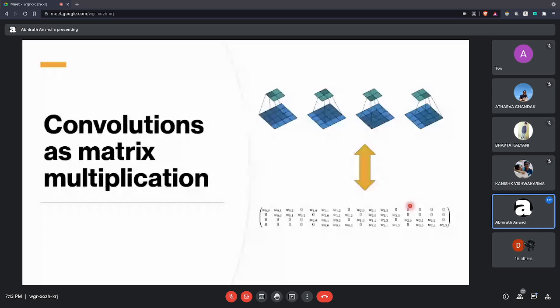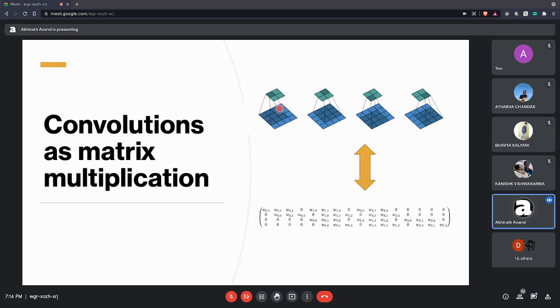So first, before we go into transpose convolutions, we look at convolutions as a matrix multiplication. This is important to understand where the word transpose comes from. This is basically an image that I found online. This is a very nice picture. You can see that this dark 3D grid is the kernel. If you imagine this lighter blue grid to be the image, you can see that the kernel is shifting over the image and producing this two-dimensional output on top.